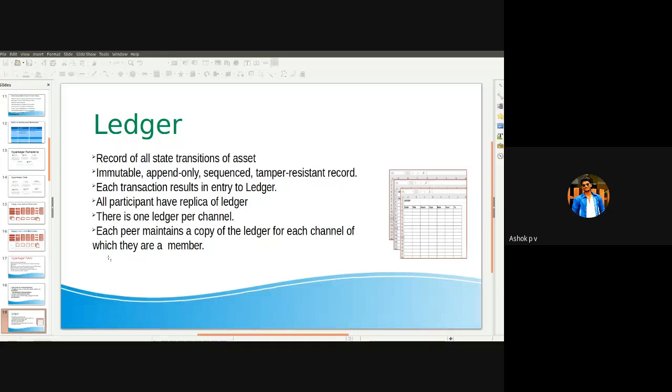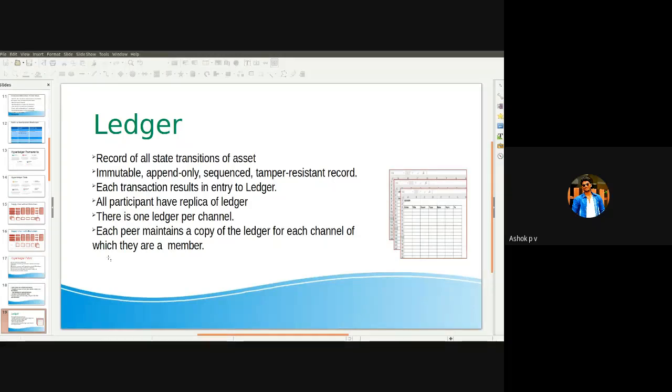So each and every owner, each and every transition of that asset is very important. And as it is immutable, it happens only in sequence and is a tamper-resistant record. The ledger cannot be tampered with at all. So it always has that shared architecture of the ledger. Whenever a ledger gets updated, it gets distributed across all the ledgers.